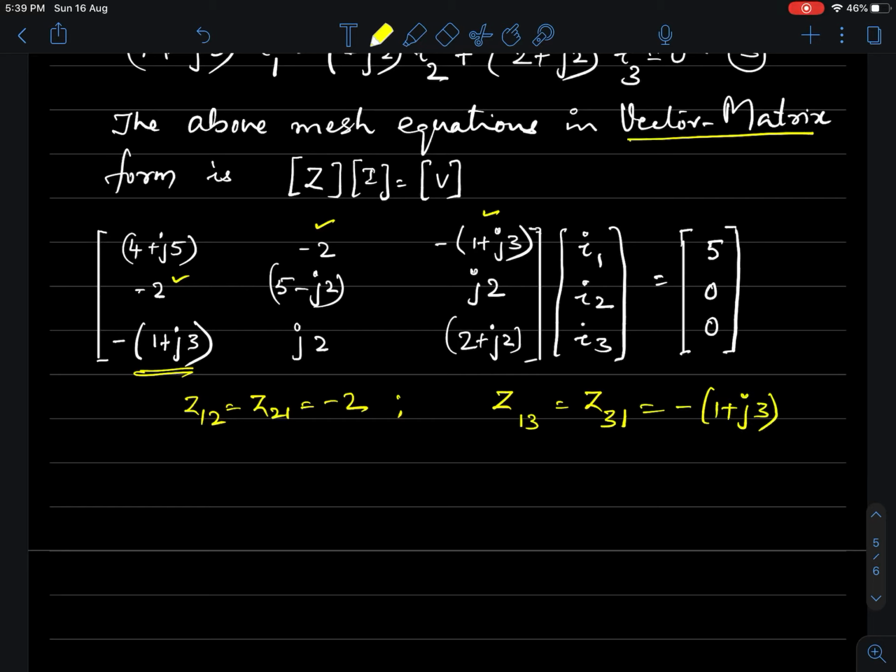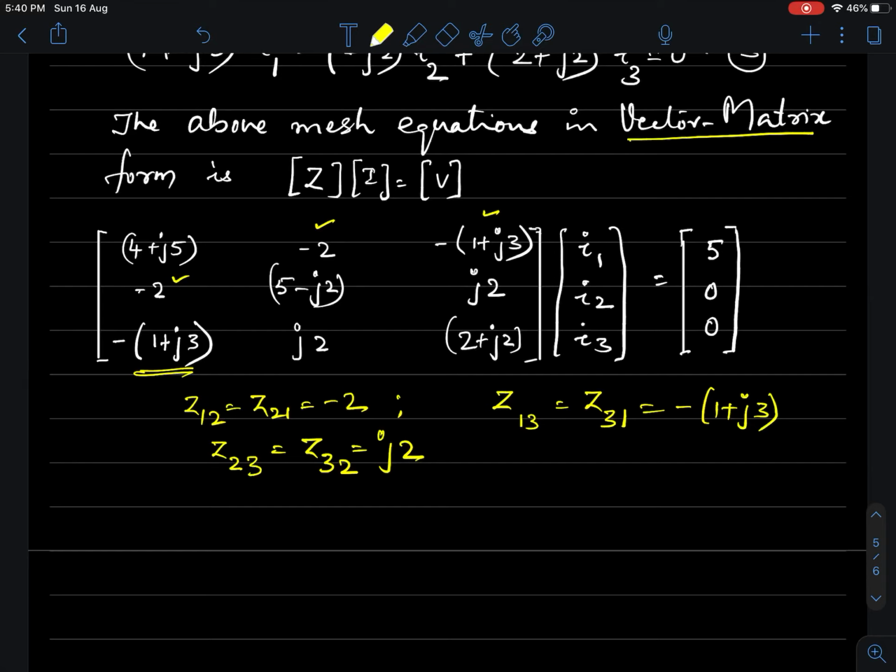Even if we make a mistake, we can always cross check whether we are getting it correct. You have to get them to be this way. Now we come to another element, the second row and third column, which is J2. The third row and second column, Z32, is also J2.